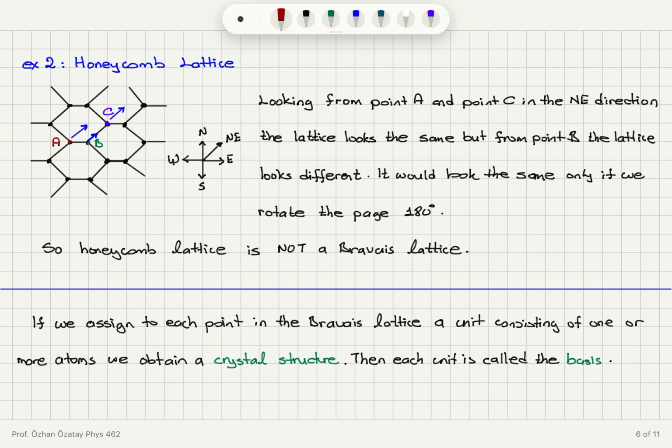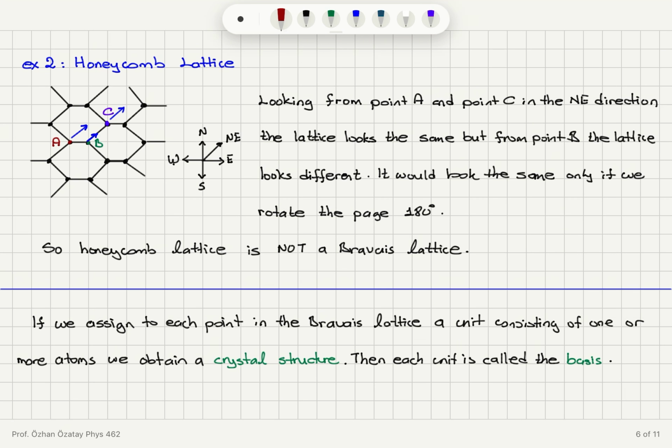If I go from point A to point B, the lattice would look exactly the same if I rotate the page by 180 degrees. So from the same point of view, I'm not getting the same view of the lattice. Okay, so this was an example for a non-Bravais lattice.